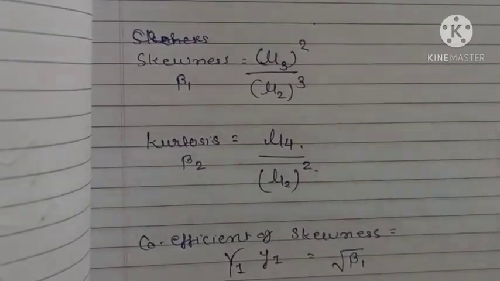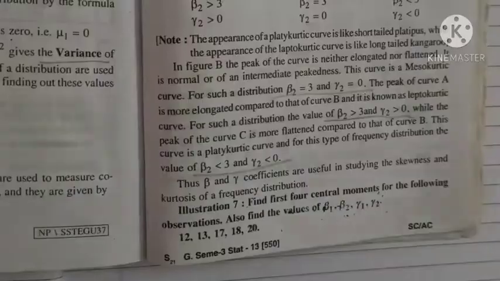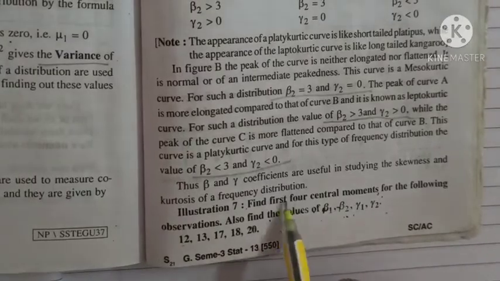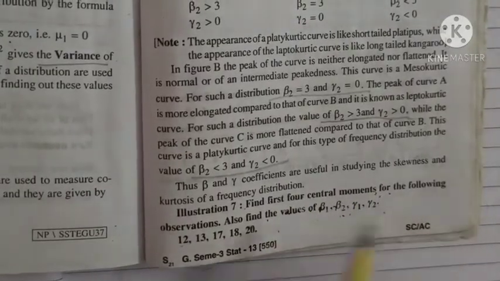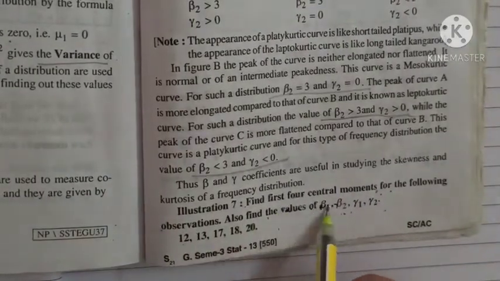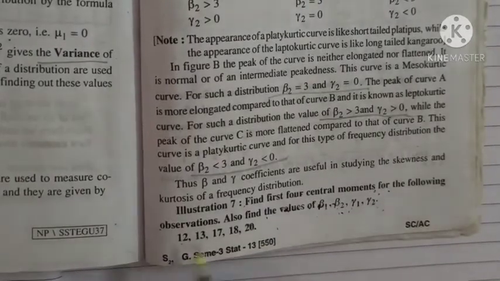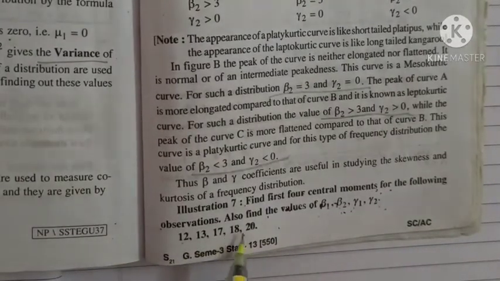So let's take an example. Illustration number 7. Find the first four central moments for the following observations and also find beta 1, beta 2, gamma 1 and gamma 2: 12, 13, 17, 18 and 20.